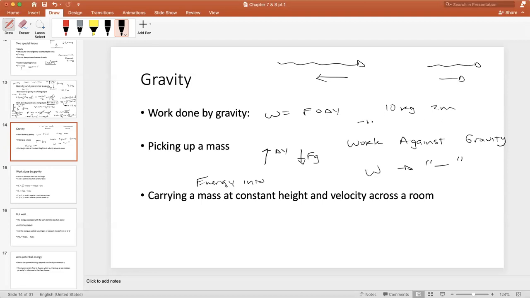Well, negative mg is my force, and 2 meters is my delta y. So the amount of work that I've done is negative 10 times 9.81 times 2. And that is negative 196.